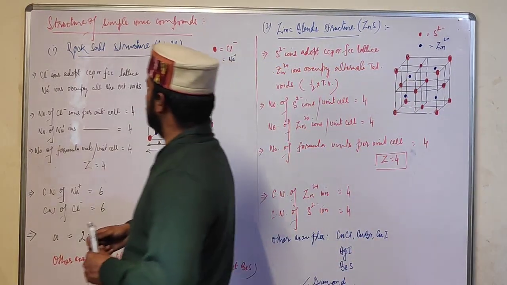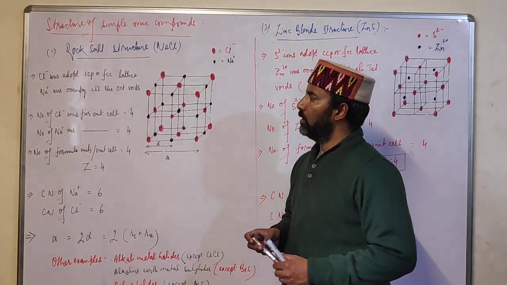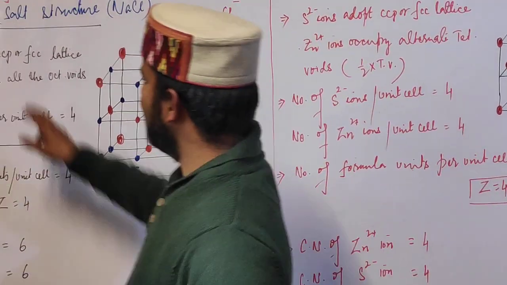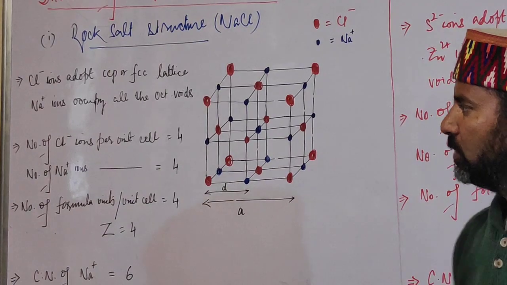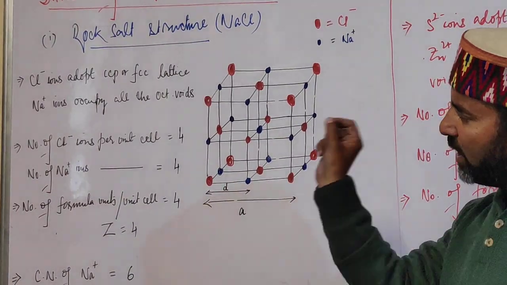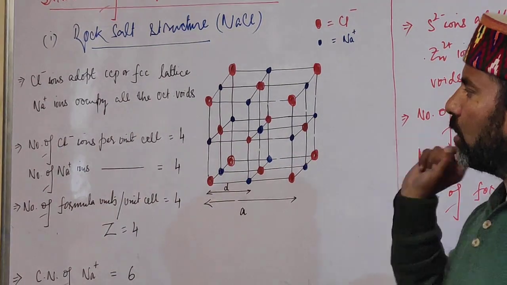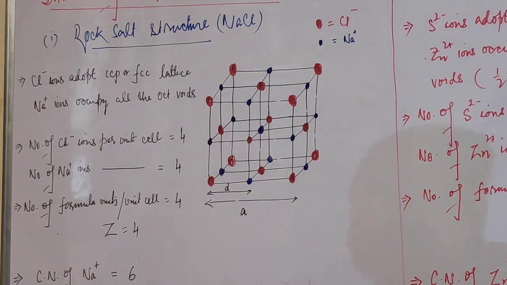This is a very important topic. Now in rock salt structure, chloride ions adopt CCP or FCC lattice, which means chloride ions are present at all the corners and face centers of the cubic unit cell.